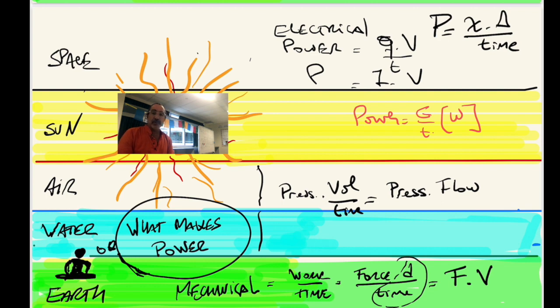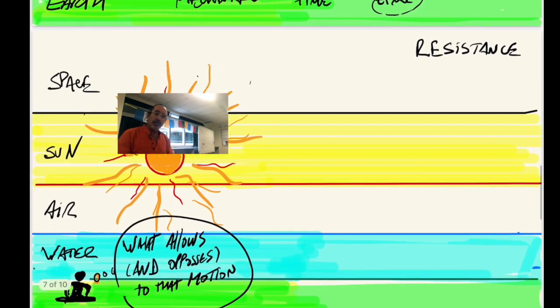Or, for example, what we do when we change the gears in a car or a bicycle, or even when we are running a long race or a short race, how we play with these two factors that make power. These are the laws that make power.